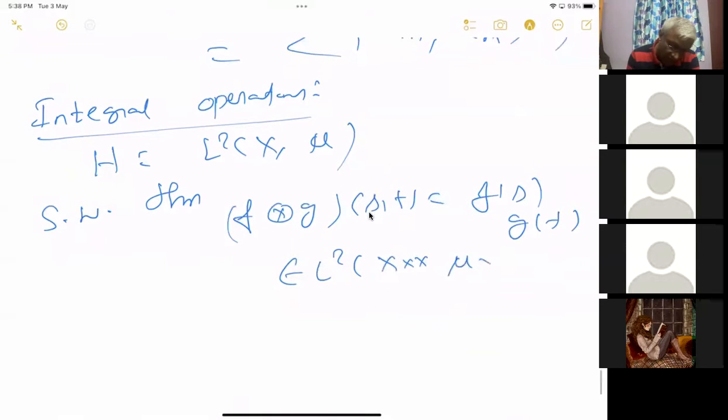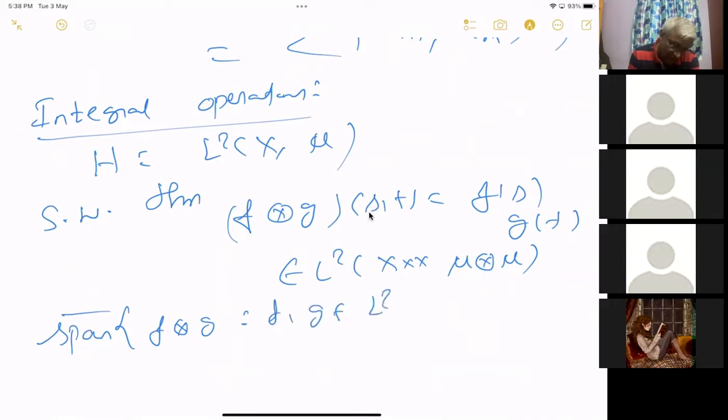The closure of the span of f tensor g in L2(X) is dense in L2(X^2, mu tensor 2).